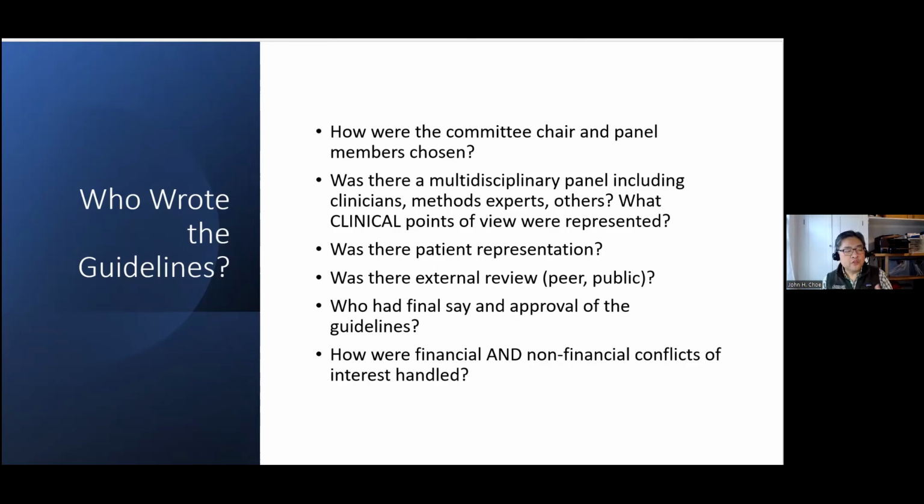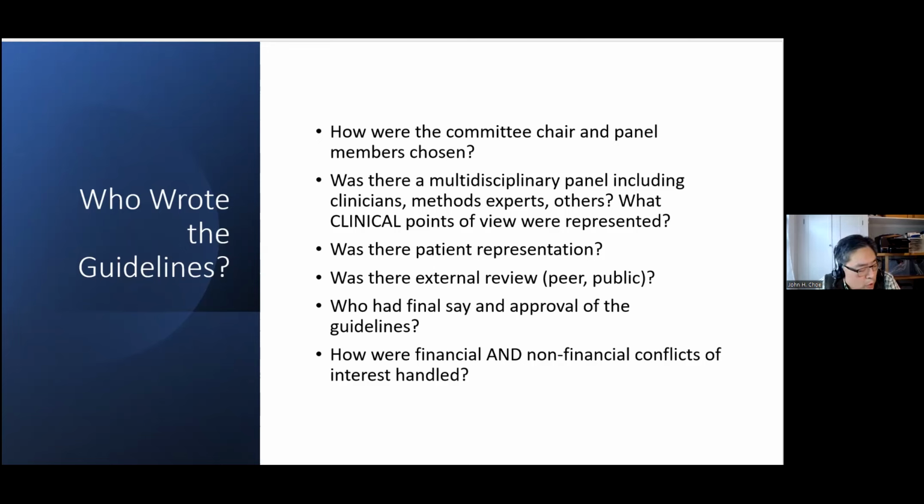But here are the highlights of what I put into that, and this is from the Institute of Medicine guidelines. So the first question is, who wrote the guidelines? Or a series of questions. Who were the people at the table? How are the committees chosen? How are panel members chosen? Was there a multidisciplinary panel, or were they mostly subspecialists, or generalists? What kind of points of view from a clinical perspective were represented?